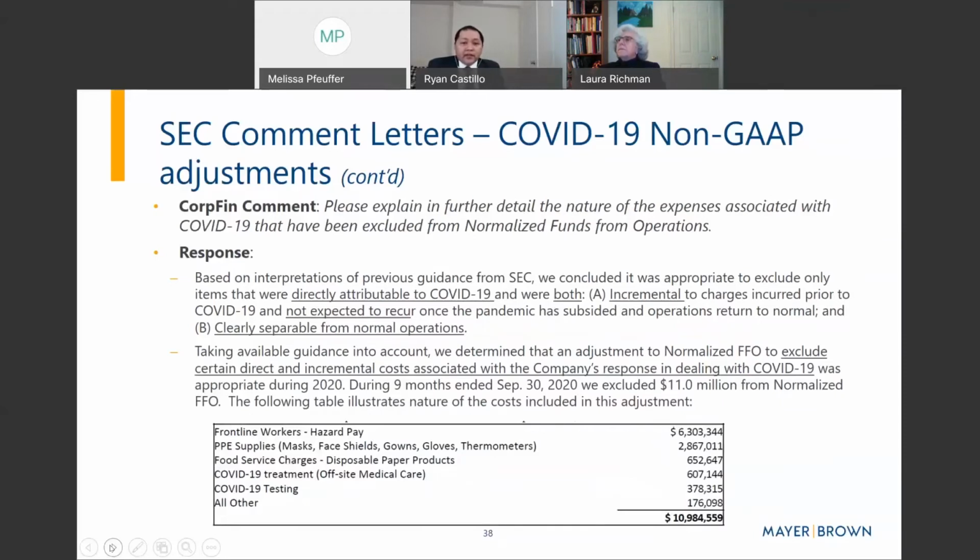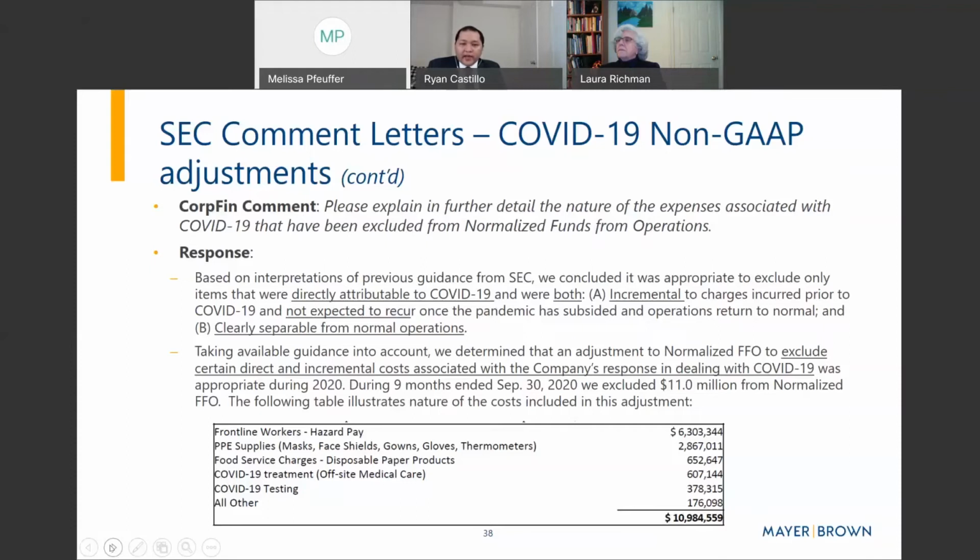The company responded that based on guidance from leading audit firms and law firms, they believe exclusion of COVID-19 related expenses is proper if the expenses are 1, directly attributable to COVID, 2, incremental to charges incurred prior to the pandemic and are not expected to recur after the pandemic, and 3, the expenses are clearly separable from normal operations.